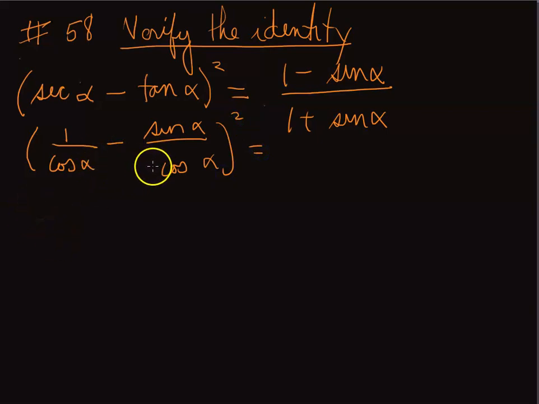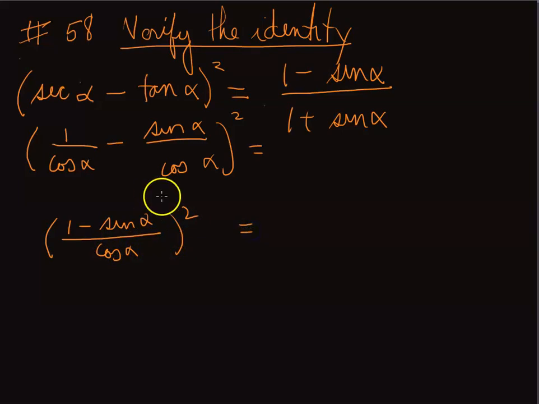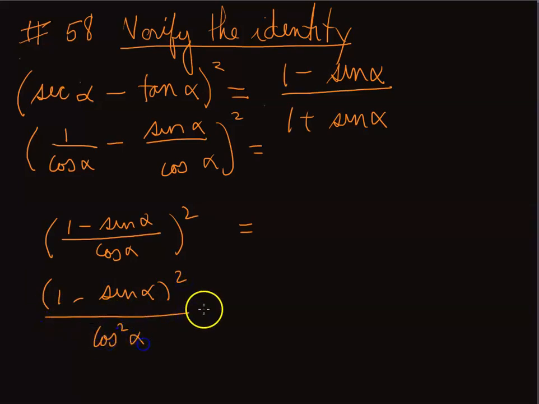This has a common denominator for cosine, so 1 minus sine alpha over cosine alpha quantity squared. So now we can square both of these. We'll square the numerator, 1 minus sine alpha quantity squared over cosine squared alpha.